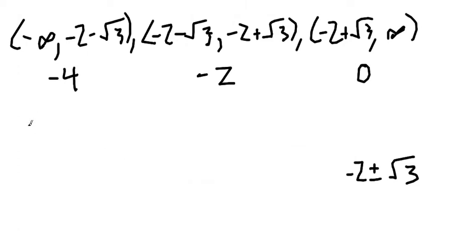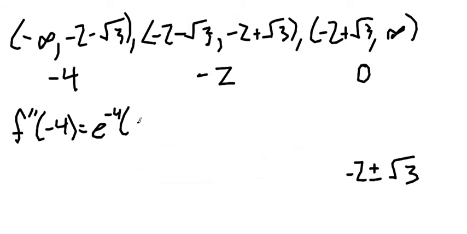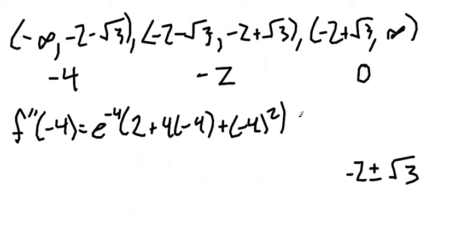I plug these into the second derivative. So f double prime of negative 4 is equal to e to the minus 4 times 2 plus 4 times negative 4 plus negative 4 squared, which is e to the minus 4 times 2 minus 16 plus 16, so that's times 2.